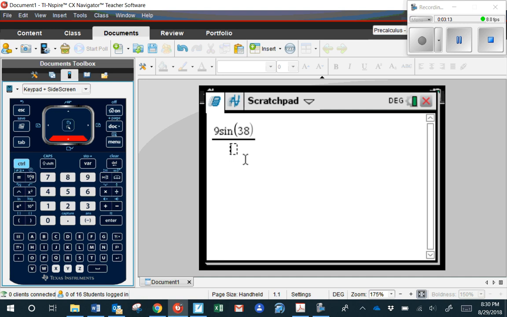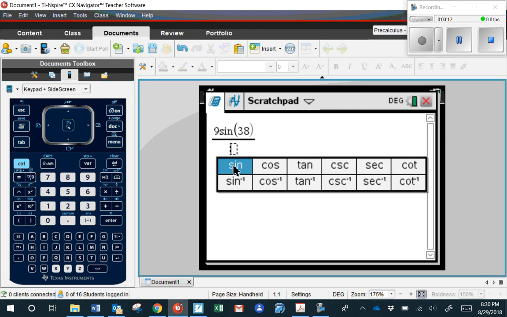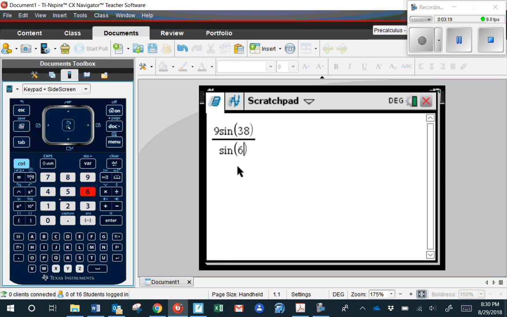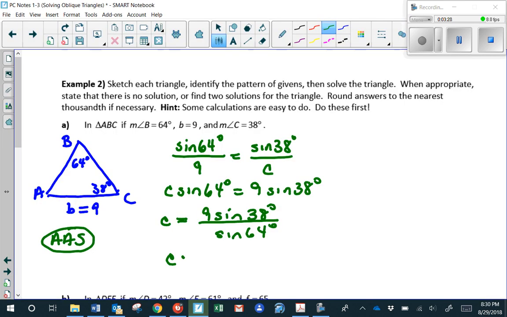And then downstairs, we want to type sine of 64 degrees. Press enter. We get 6.165 approximately. Do realize that that is an approximate answer. It has been rounded off.